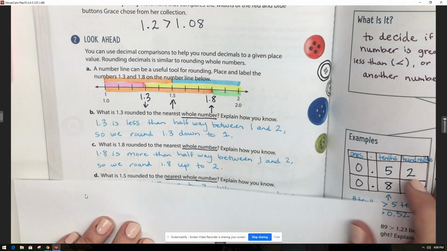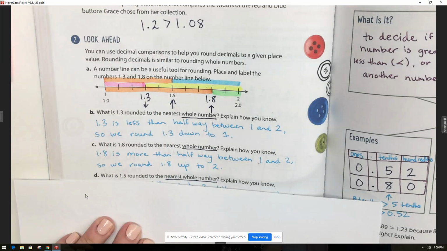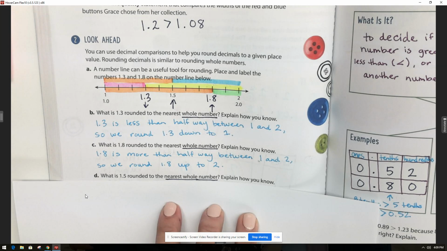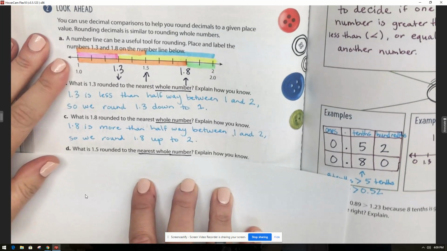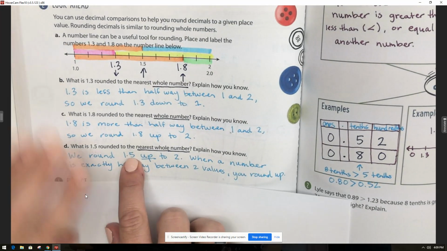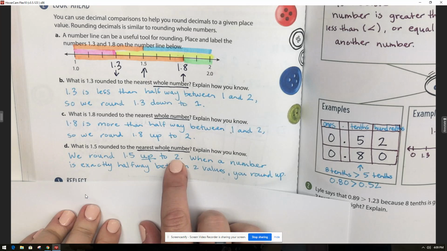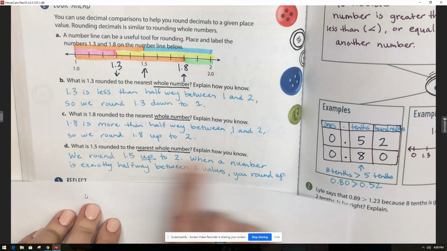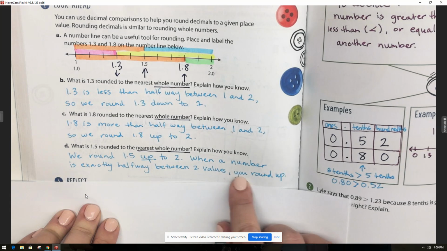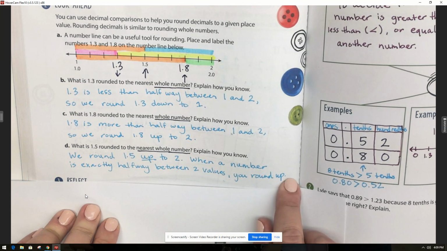And it works the same as a 5 if you're rounding whole numbers. As I mentioned before, 5 or more, up the score. 4 or less, let it rest. So what that means is we round 1 and 5/10 up to 2 because when a number is exactly halfway between two values, you always round up.